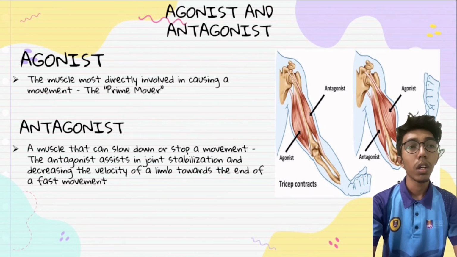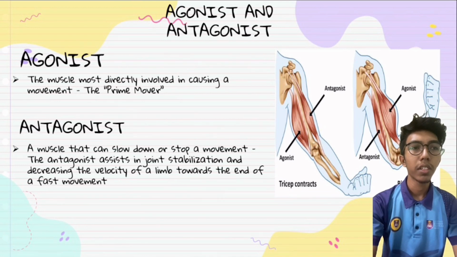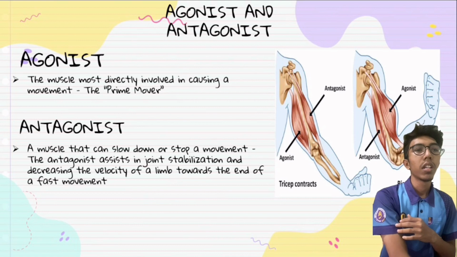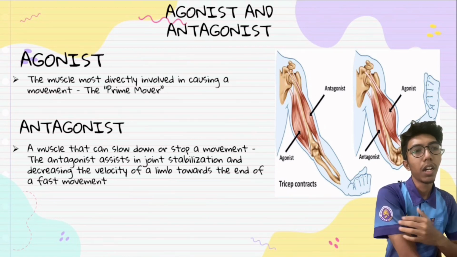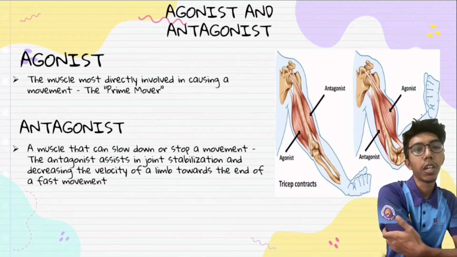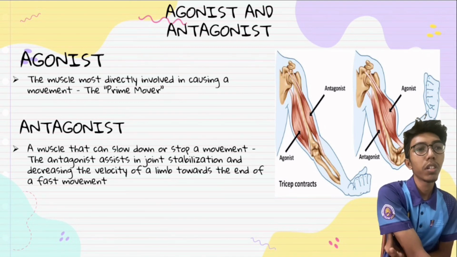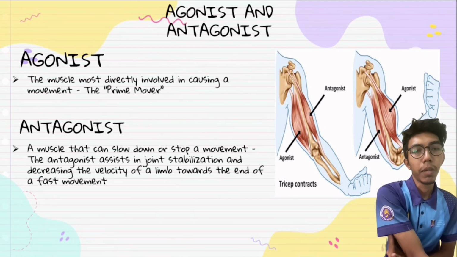The image in the slide shows an example of the agonist and the antagonist. When the triceps contracts, the agonist is our triceps and the antagonist is our biceps, because the prime mover is the triceps muscle.